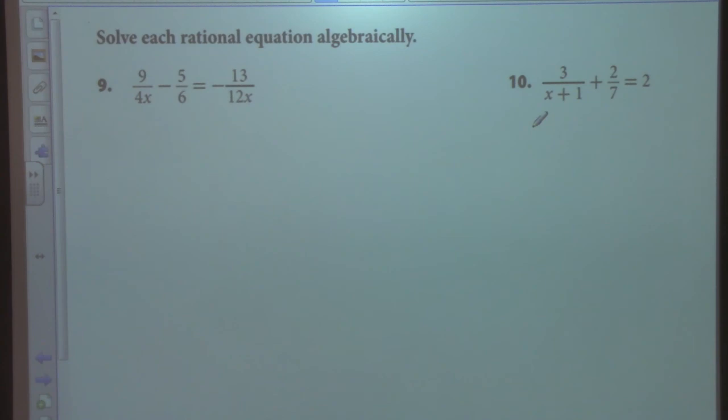What do you think? Should I choose somebody to do number 10, or should I work it out? Choose someone. Give them time. You should choose someone. Yeah, I'll choose somebody.